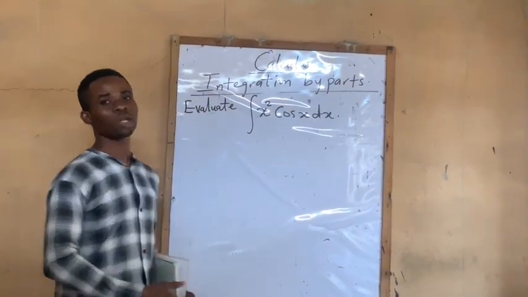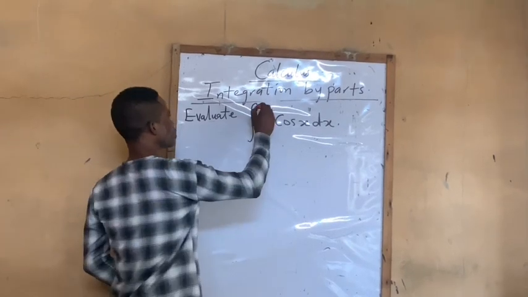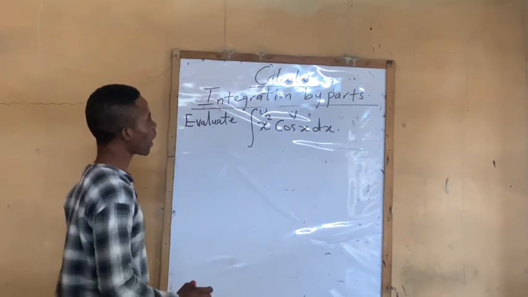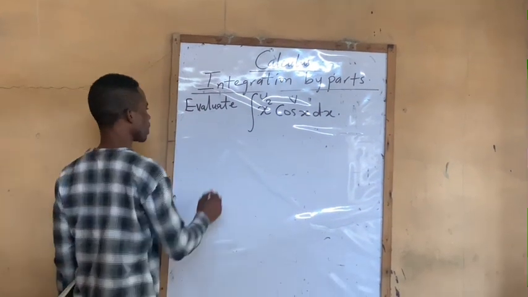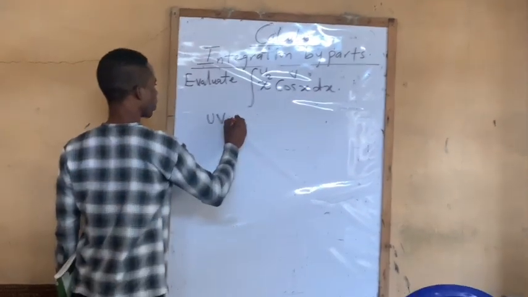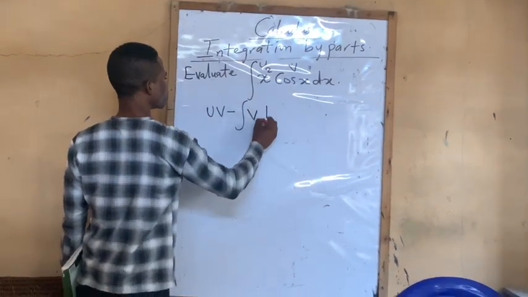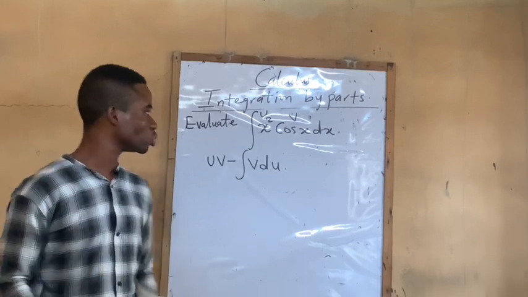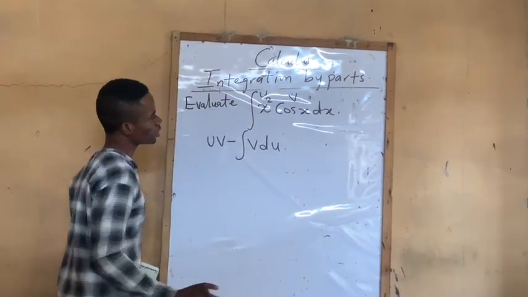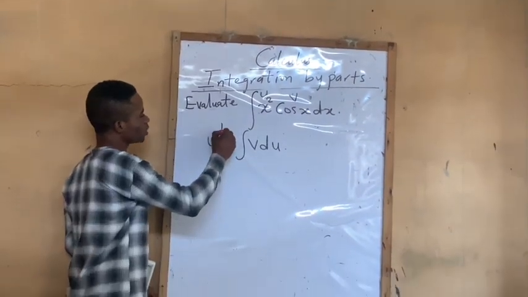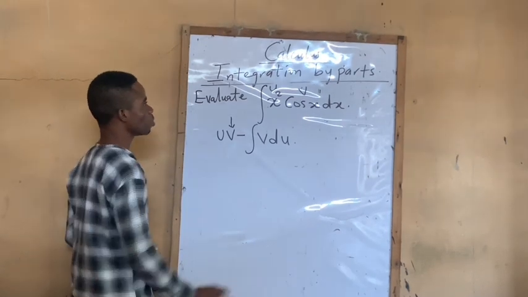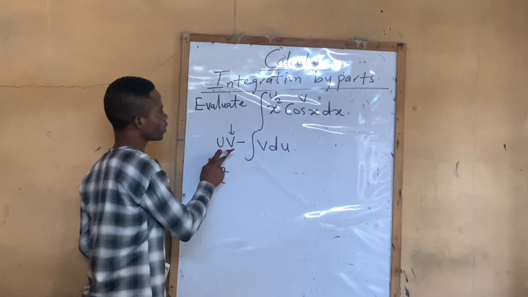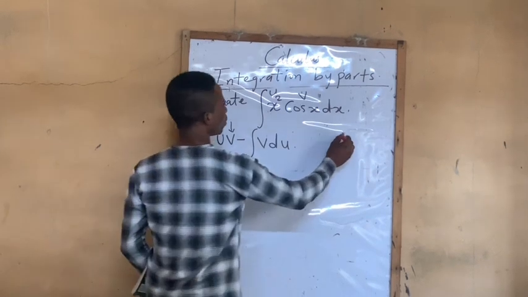We are going to label it. The first one is u, the second one is v. And according to our formula, uv minus integral of v du. Like I said earlier, we have to integrate this v. What's our u? Our u is x squared. Now, what is v? Our v is cos x.